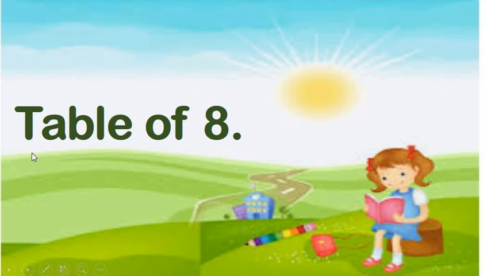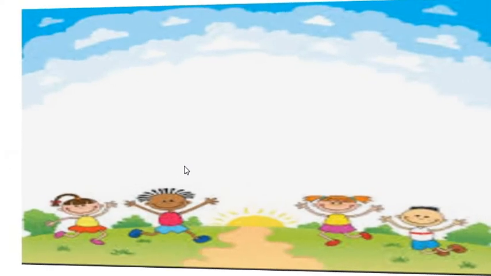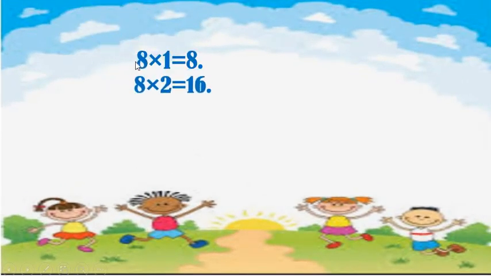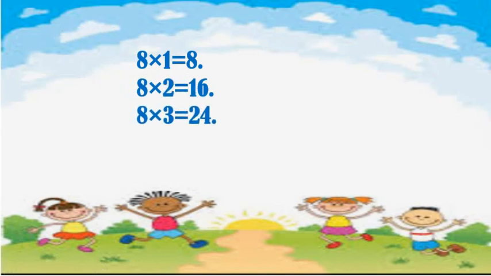Now everyone, write the heading table of 8. Eight ones are 8. Eight twos are 16. Eight threes are 24. Eight fours are 32.